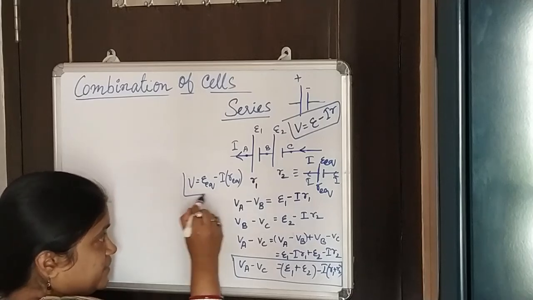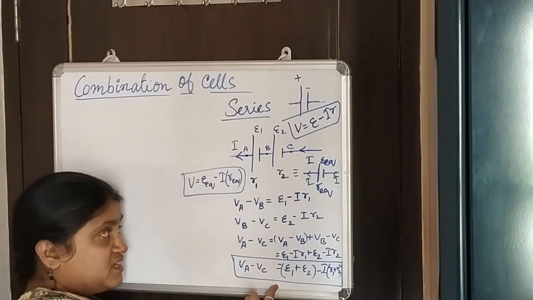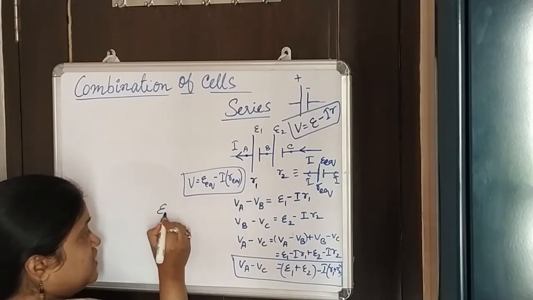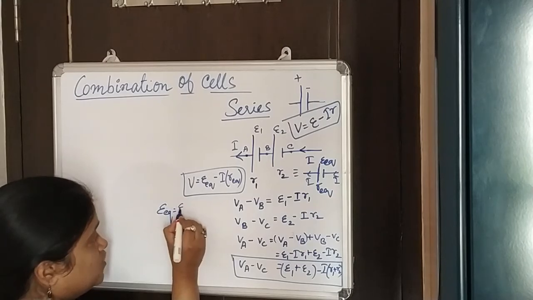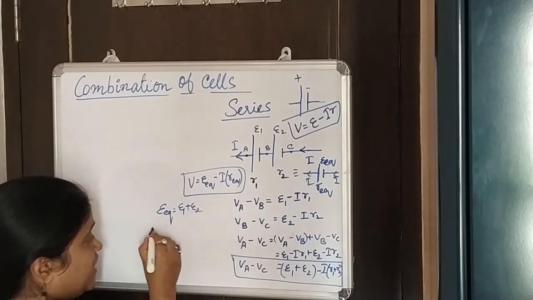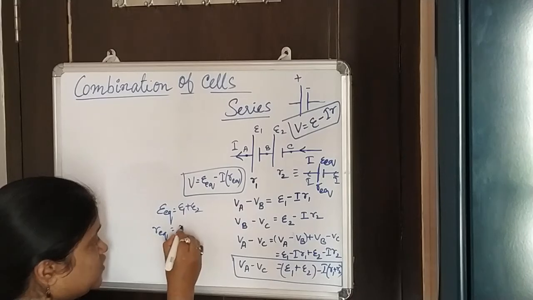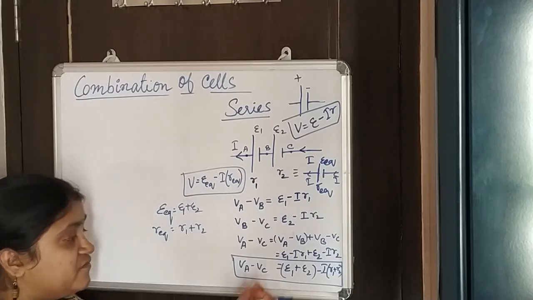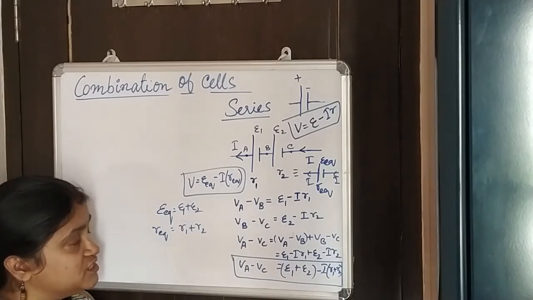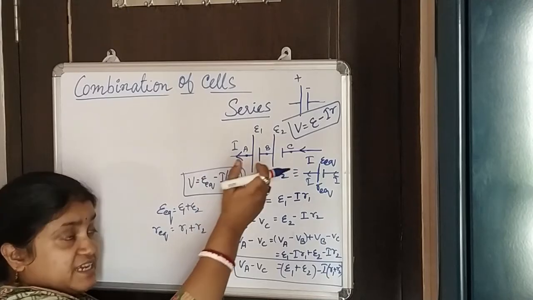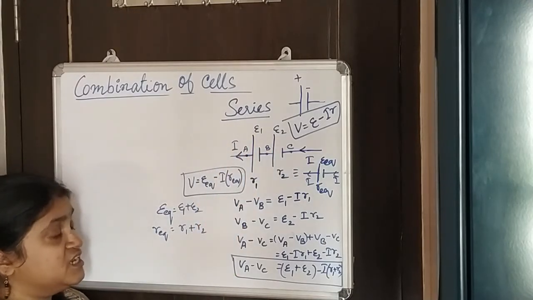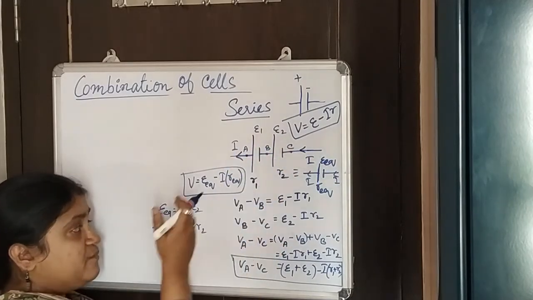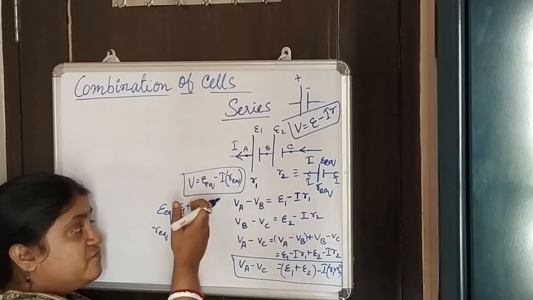If you compare the combination circuit and the equivalent circuit, then we can write that E equivalent is equal to E1 plus E2, and R equivalent is equal to R1 plus R2. So we can conclude that if cells are connected in series combination, the equivalent EMF will be the sum of the EMFs of all the cells.